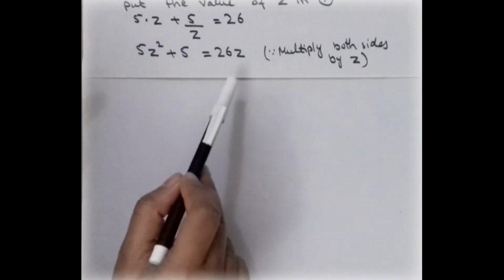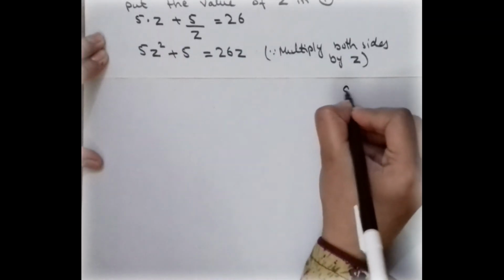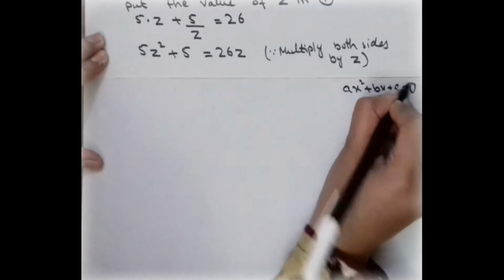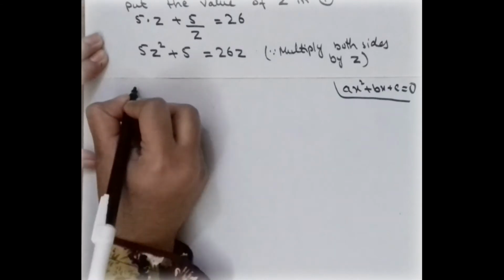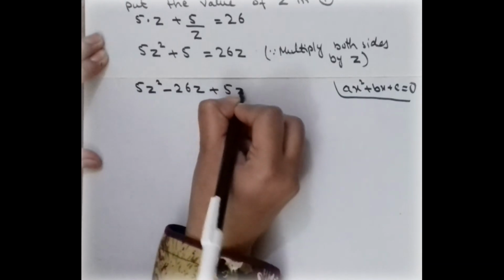Now we see that the equation is in the standard quadratic form, which is ax square plus bx plus c equals 0. So we can write 5z square minus 26z plus 5 equals 0.